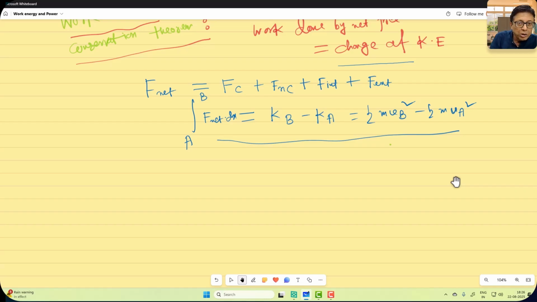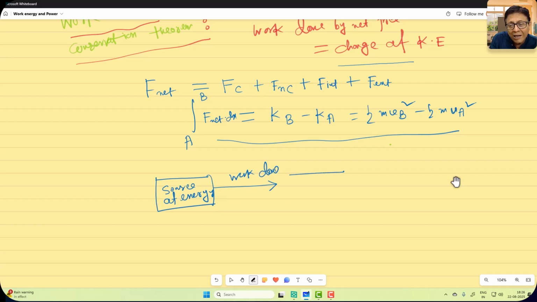So, how is the work being done? That is by external force or net force or non-conservative or conservative. There is a source of energy over there. Source of energy is there, then some work is done, and we finally get the change of what?